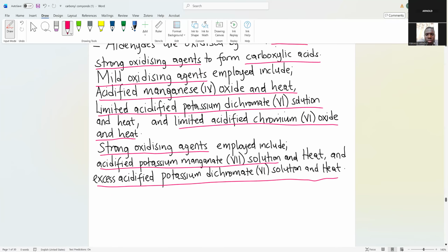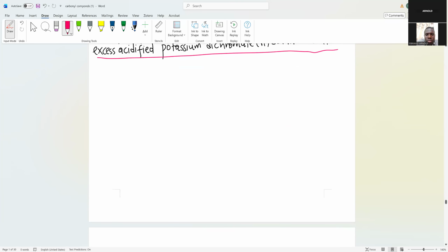And these are the general equations. Generally, for weak oxidizing agents, RCHO.